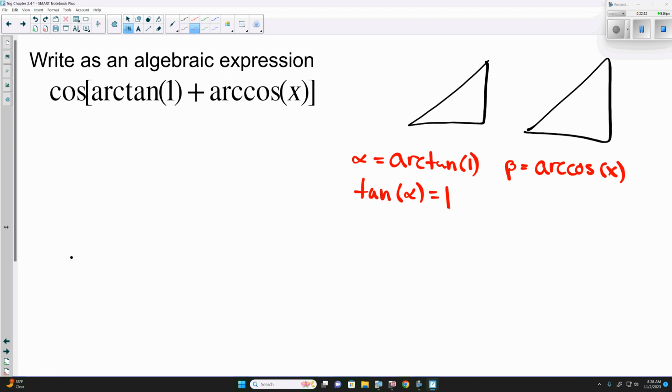Part of that's doing this for a while, but tangent only equals 1 if sine and cosine have the same values. Well, the only place that sine and cosine have the same values is pi over 4, or one of its multiples. Because it would be considered negative pi over 4 if we were looking at negative 1, but we get there in either case.